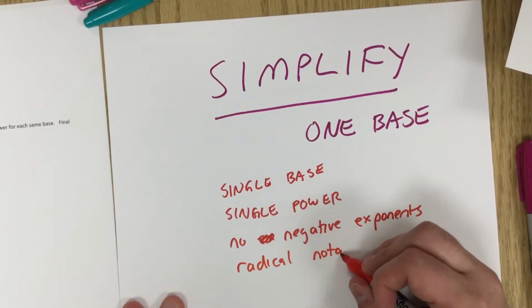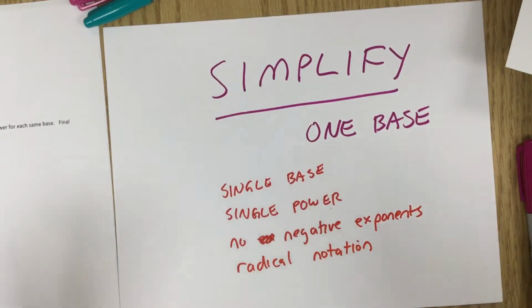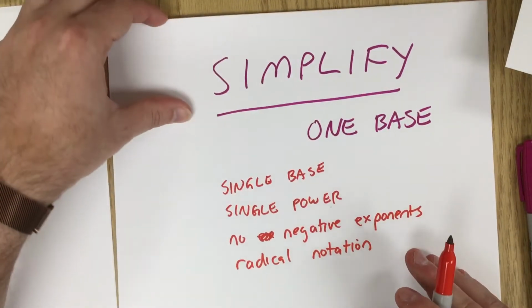So it's one base, one power, no negative exponents, radical notation. That's when you are done.